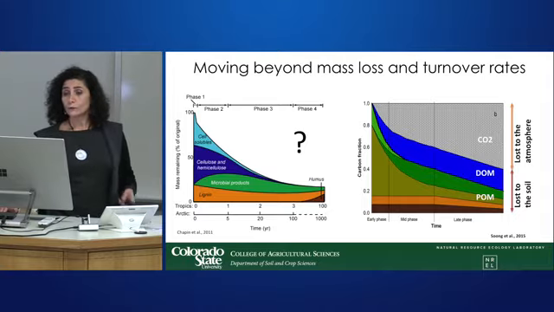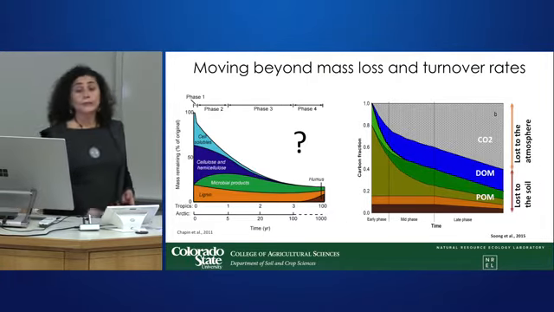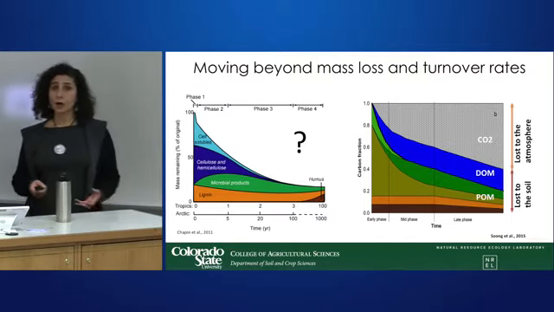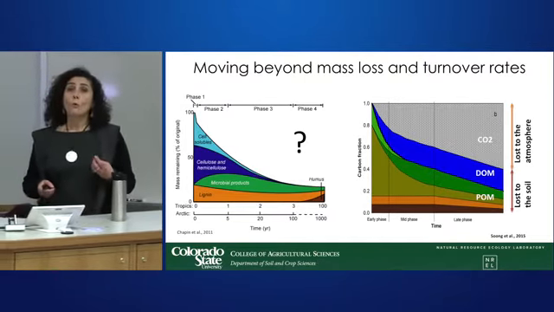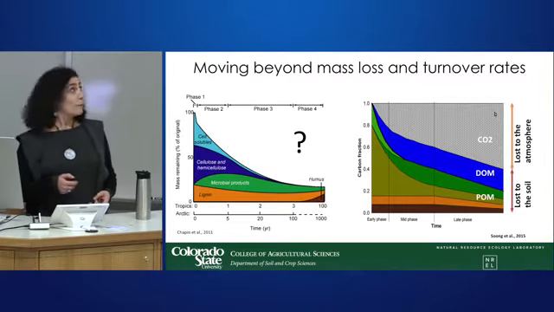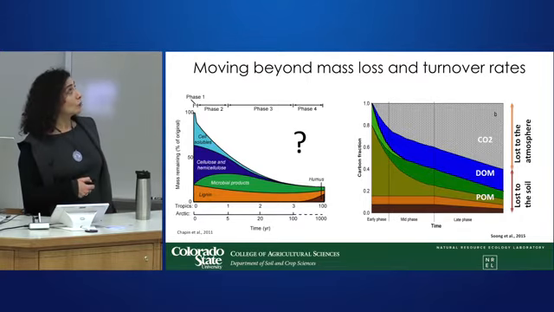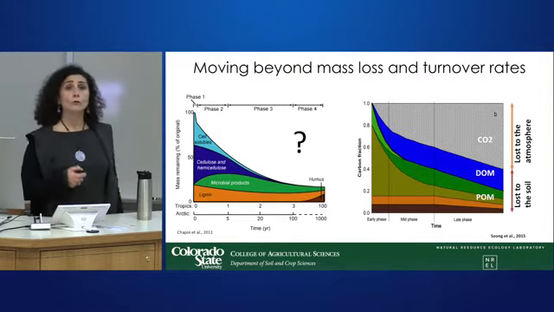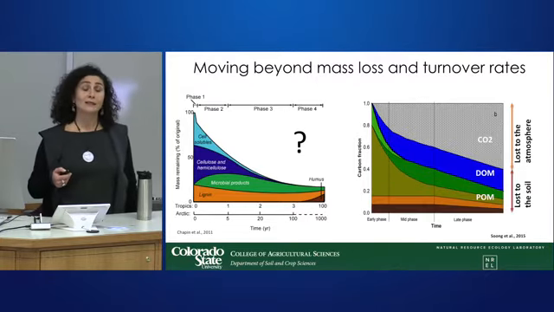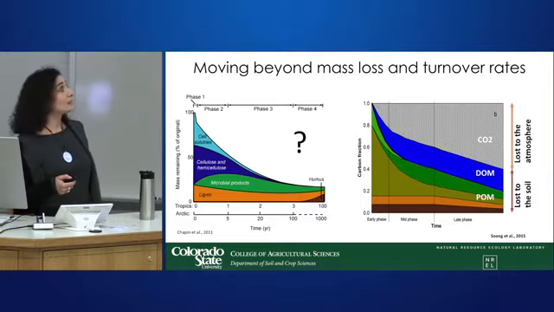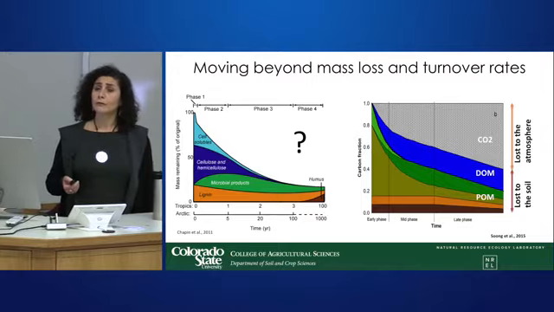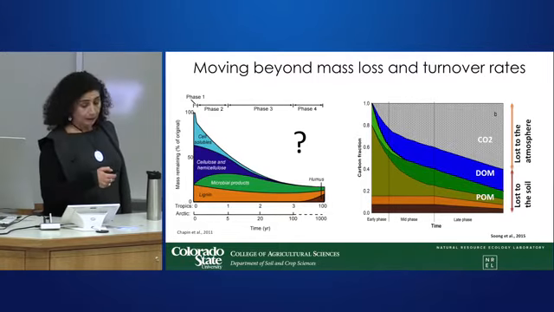And so what we proposed is that we had to move beyond that mass loss concept and decay rate concept and start wondering where the carbon is lost to and in which form, because from plant material, carbon can be lost to the atmosphere in the form of CO2. Of course, there is also volatile organic carbon, which is very little but also very understudied, and in reduced environments it would be methane.